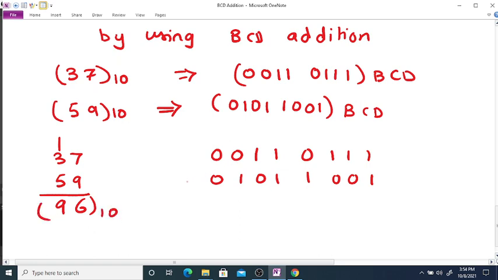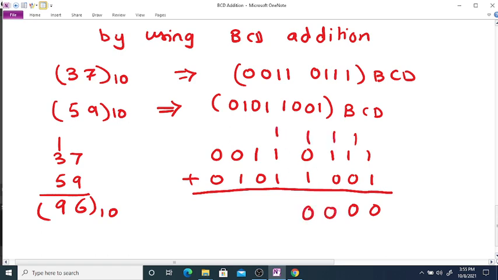Now we will see what we get after BCD addition. 1 plus 1 will be 0 with a carry, and so on, and we get 0110 0000 with a carry and 1 0 0 0 0.